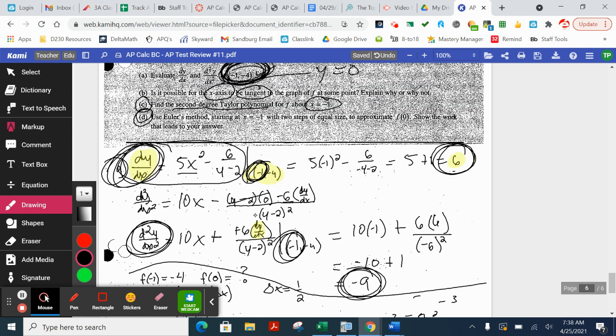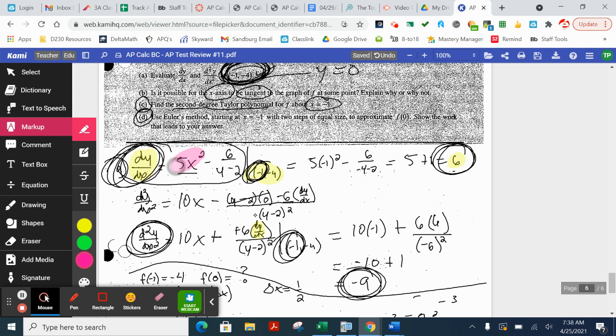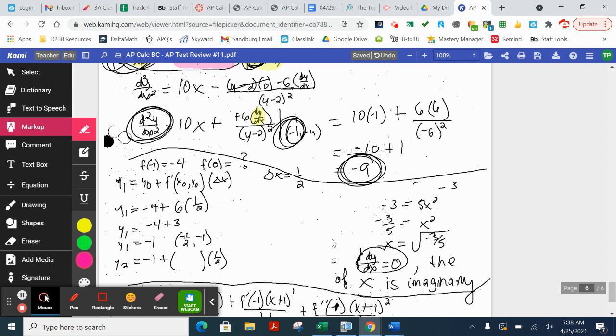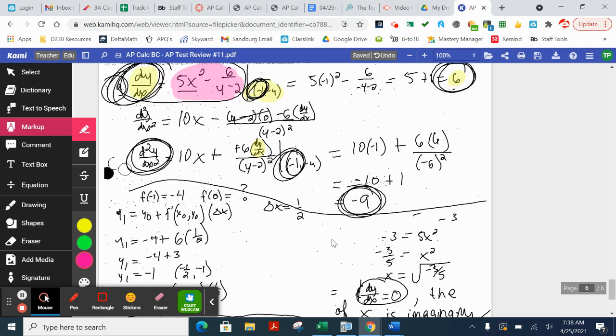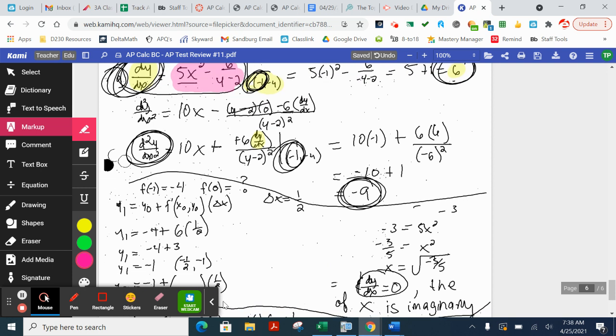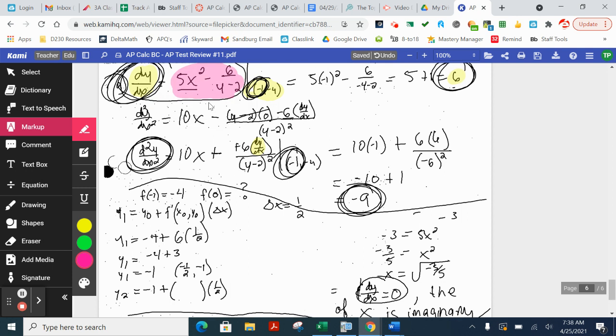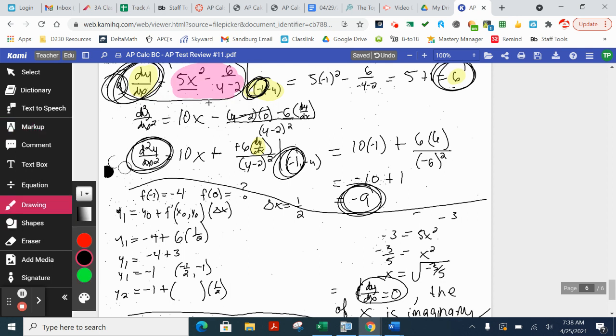So this is where it gets a little ugly, because here's our derivative, right? This is how we're going to calculate our derivative. We don't know what our derivative is yet at this new point. So we're going to take that 5x squared, and let x be negative 1/2. So let me do this over here.